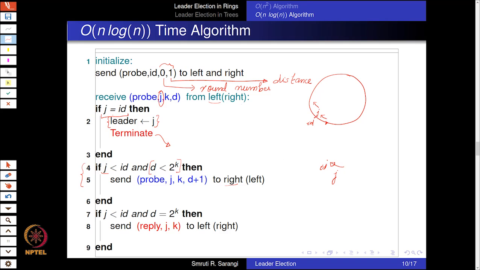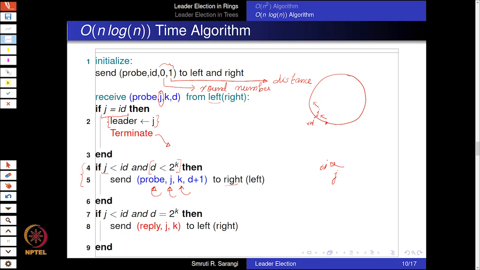I simply propagate it in the same direction: if it came from my right, I propagate it to my left, and if it came from my left, I propagate it to my right. But with a small catch. It's still a probe message, and the identifier of the message is still j.